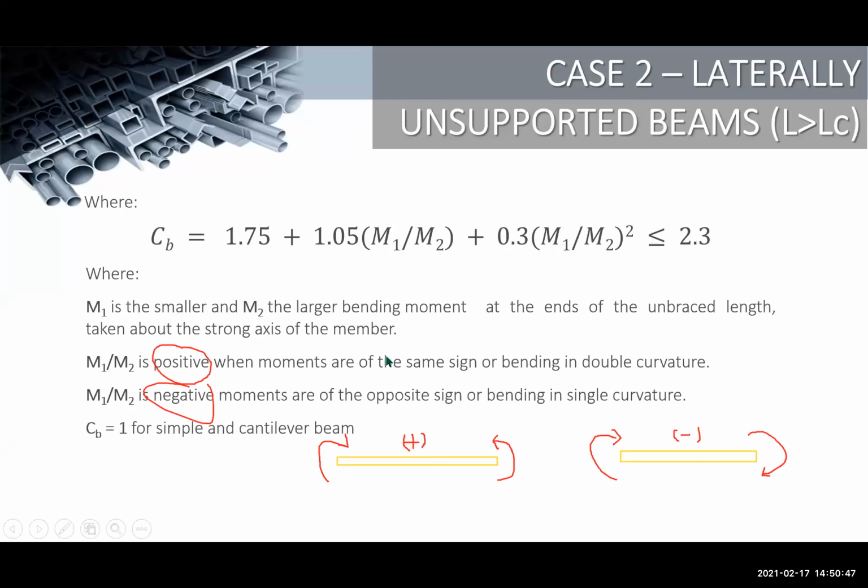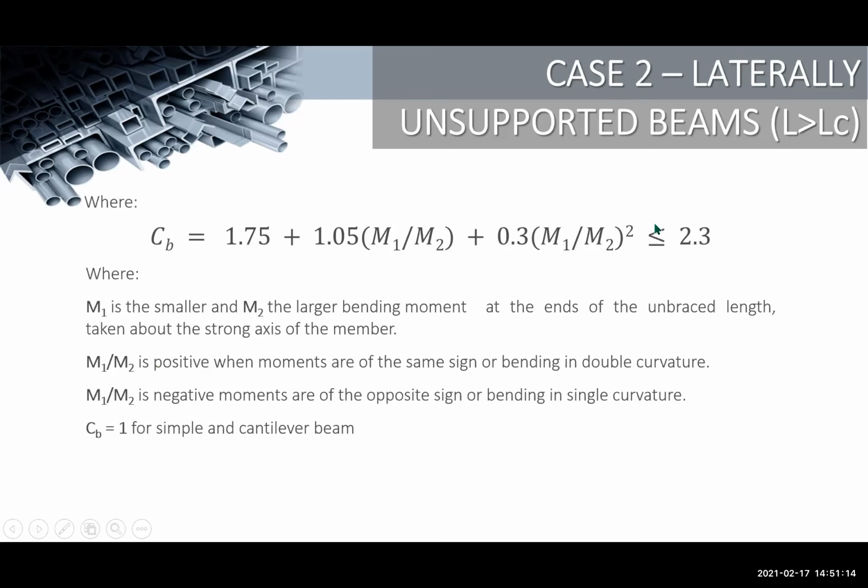Next. CB is equal to 1 for simple and cantilever beam. So, if wala namang moment na naka-indicate sa problem, simple beam lang siya or cantilever beam, your CB will just be equal to 1. You don't need to use this equation. Now, if you'll notice, this should be less than or equal to 2.3. Now, if in case mas malaki yung CB natin sa 2.3, we will use 2.3.